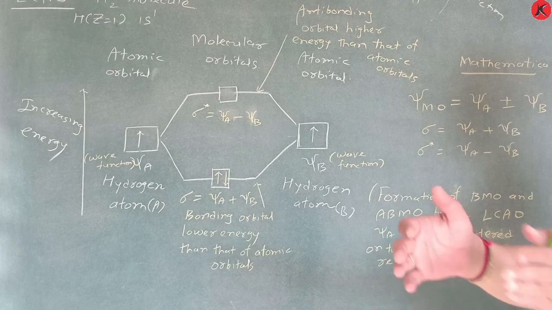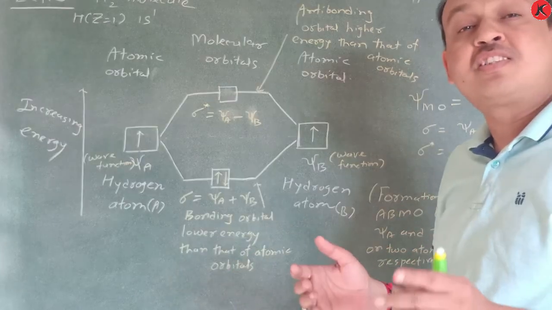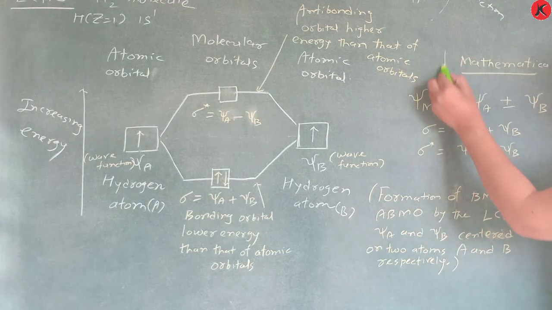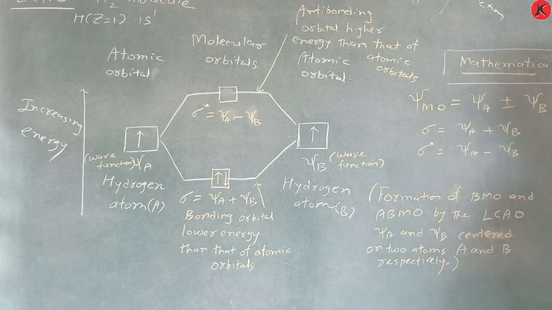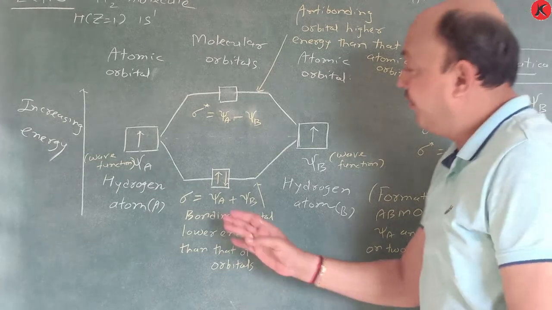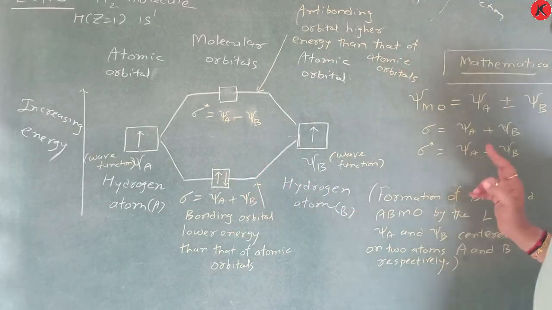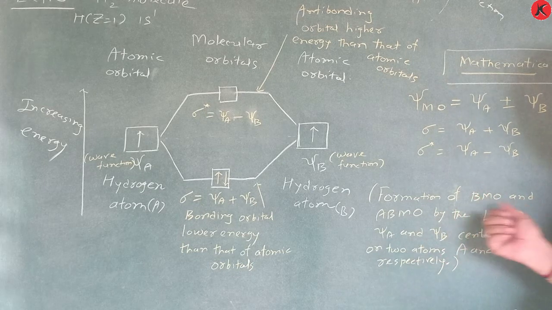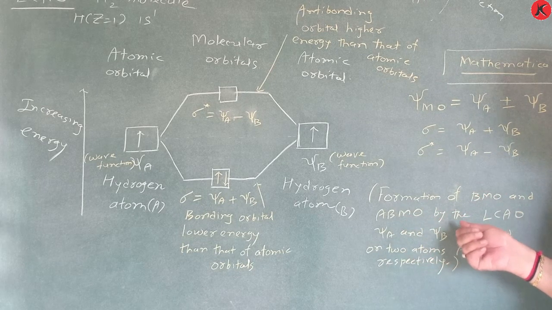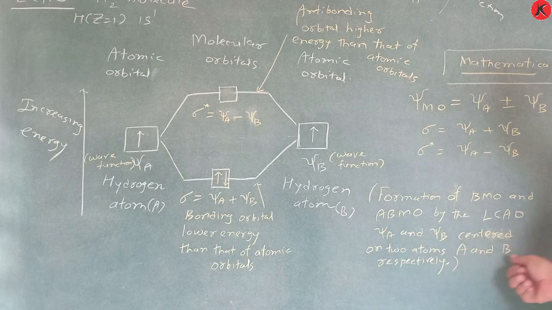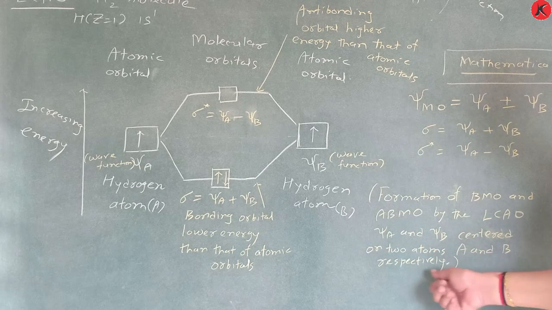And suppose they repel, that means subtraction takes place. So mathematically this concept comes in terms of mathematical form, and that's how bonding molecular orbital and anti-bonding molecular orbital are formed by the LCAO, psi A and psi B centered on two atoms A and B respectively.